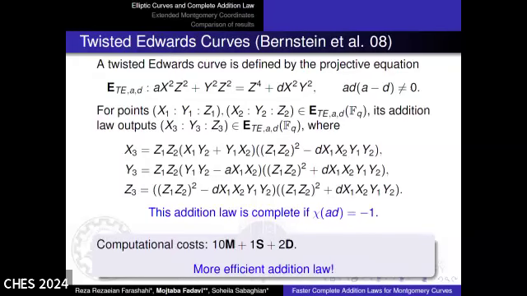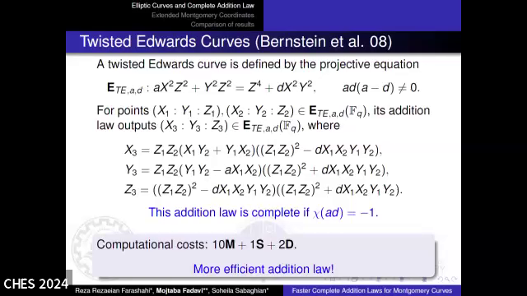Okay, let's talk about twisted Edwards curves. We know that one of the most efficient forms of elliptic curves is twisted Edwards curves. Twisted Edwards curves have such an equation, and if we are given 2 points P1 and P2, (x1, y1, z1) and (x2, y2, z2), and we want to compute this addition, the third point can be computed using this formula.